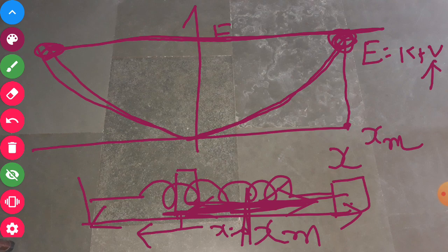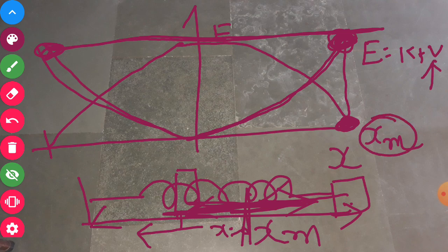Now for kinetic energy, initially the kinetic energy is 0 and the potential energy is maximum. When it comes to the mean position, the kinetic energy becomes maximum, and then it reduces again and becomes 0. So at the extreme positions, xm to minus xm, the kinetic energy is 0 and the potential energy is maximum.